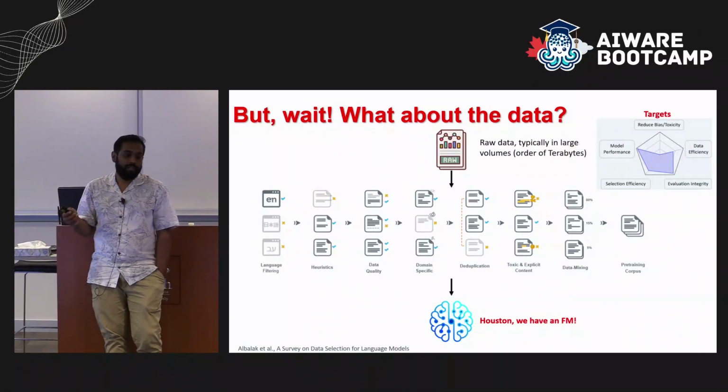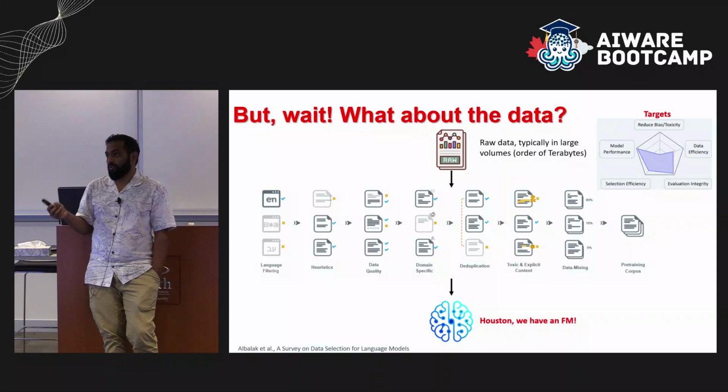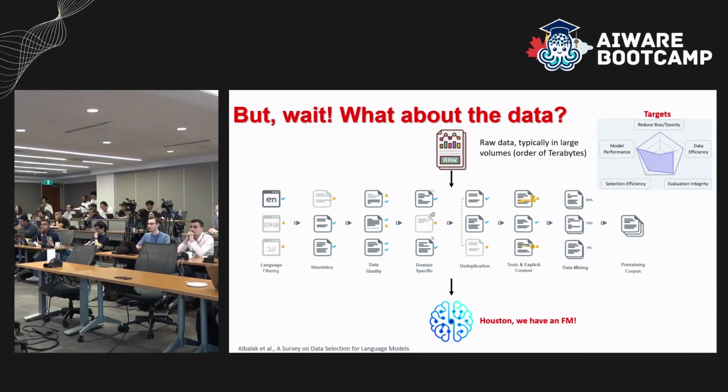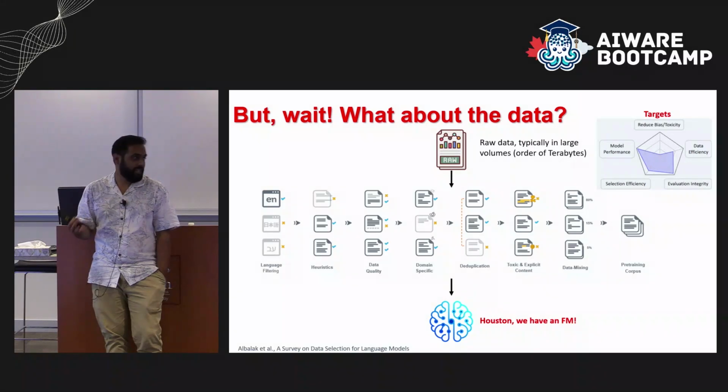But wait, I spoke a lot about how the weights are updated and everything, but what about the data? As much as the transformer is responsible for this burgeoning FMware area, data is also key. Typically, large volumes of data are scraped from the internet or collected, and then it goes through several layers of filtering.